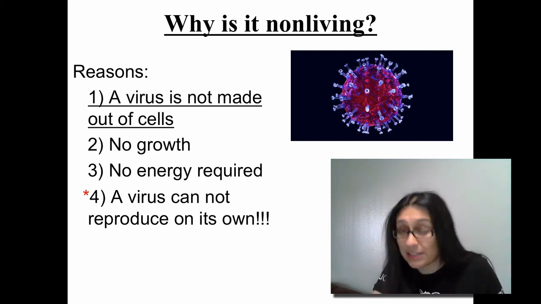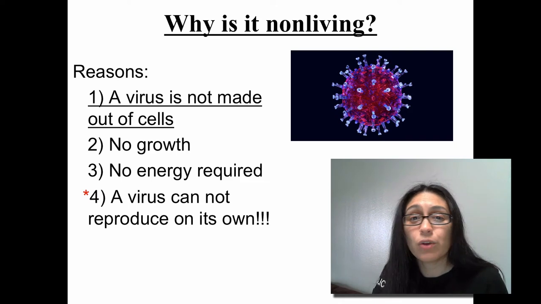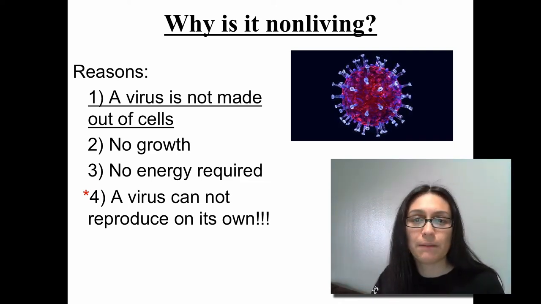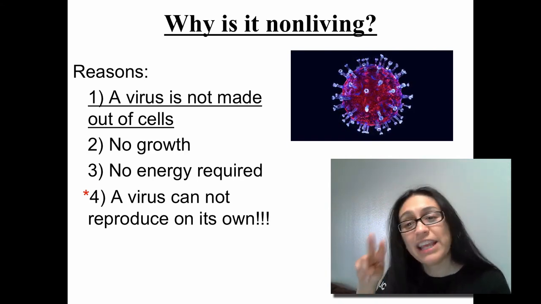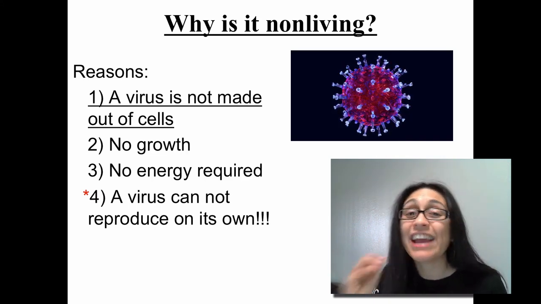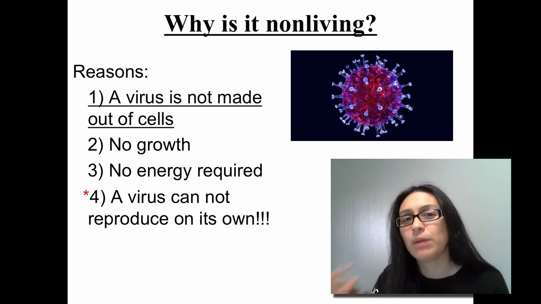So if you have a single virus sitting there, it'll always be a single virus. It cannot go through binary fission, grow bigger, make a copy of DNA, split in 2. It doesn't do that. If you had male and female viruses, which there are not, they can't get together and make more viruses that way. A virus cannot reproduce on its own. And the biggest reason for that, it doesn't have any ribosomes.